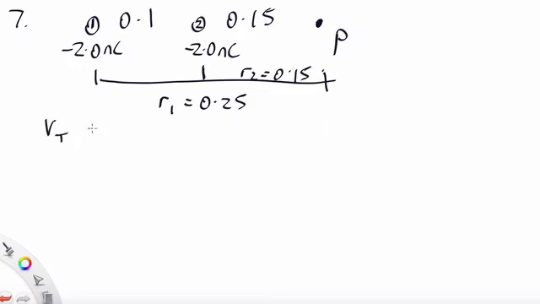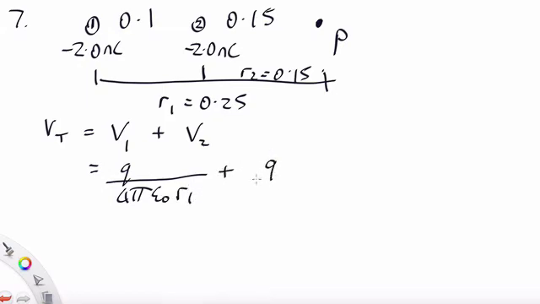So the potential will be the potential due to charge 1 plus the potential due to charge 2, which, since they've both got the same charge, will be Q over 4 pi E naught R1 plus Q over 4 pi E naught R2.